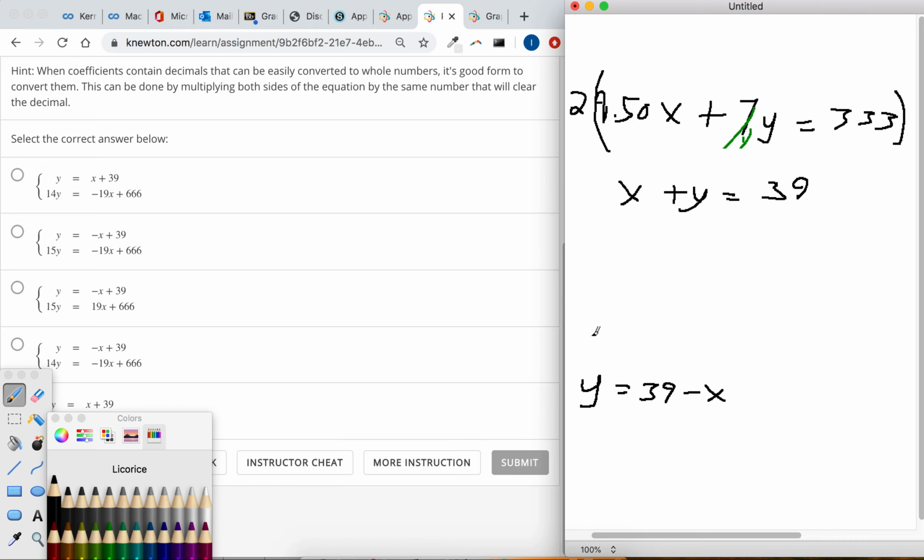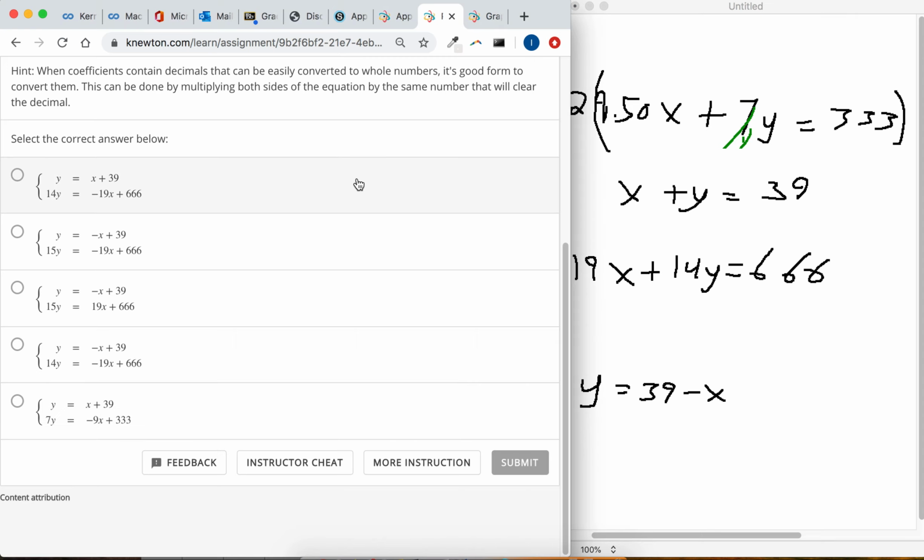I'm not sure I'm super jazzed up about this question. 9.5 times 2 is 19x. 2 times 7 is 14y. And then 2 times 333 is 666. You could have multiplied everything by 10 too. This looks good.